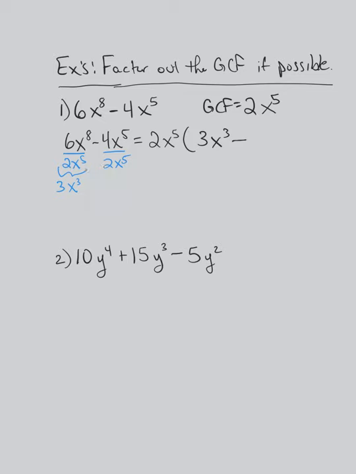So 4 divided by 2 is 2, and then I subtract my exponents: 5 minus 5 is 0. Just remember, x to the 0 is 1, so this is 2 times 1, or 2. And so all that's left on the right part is minus 2.